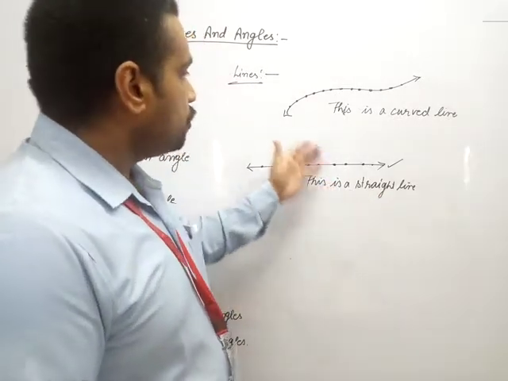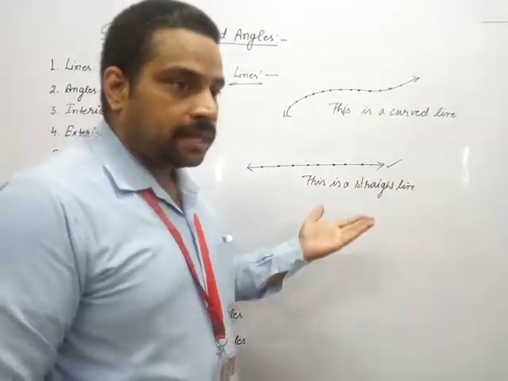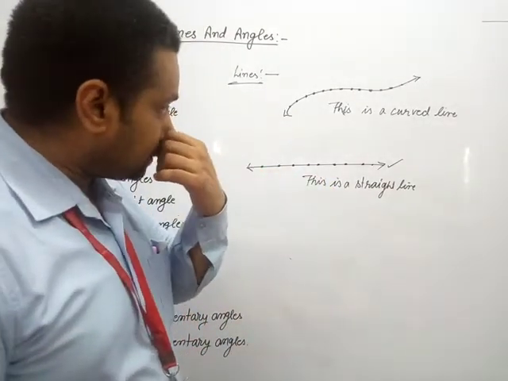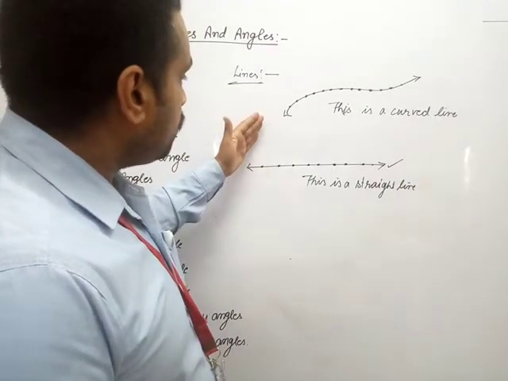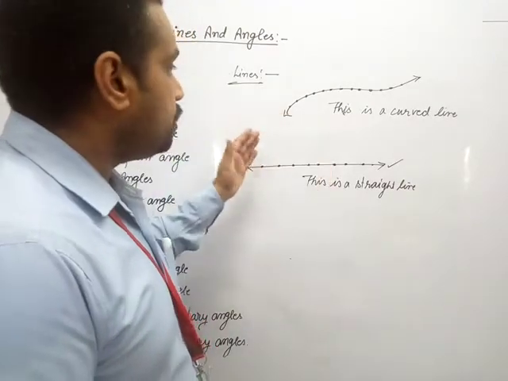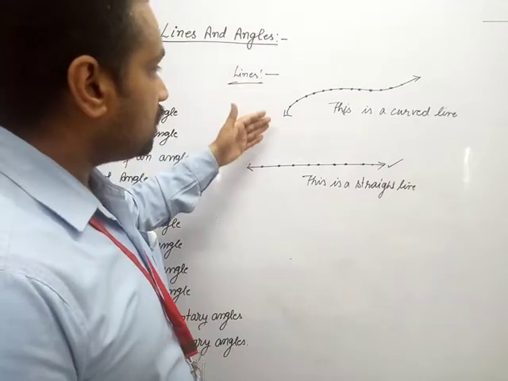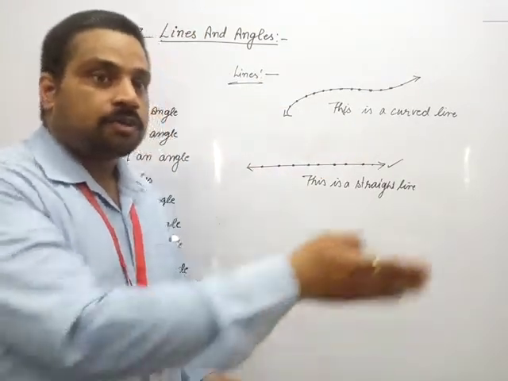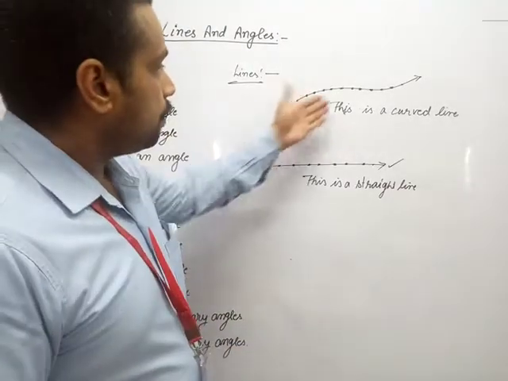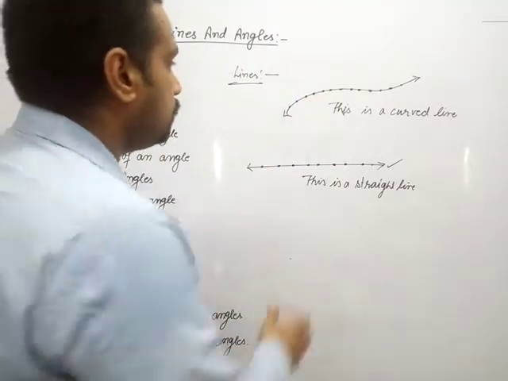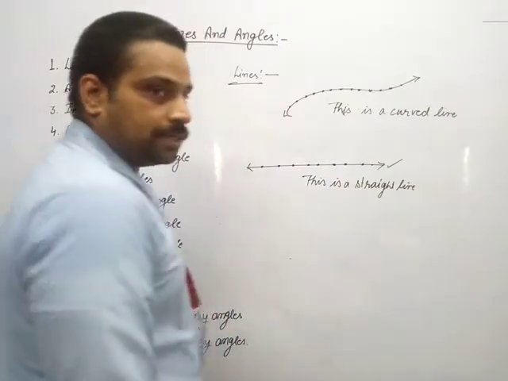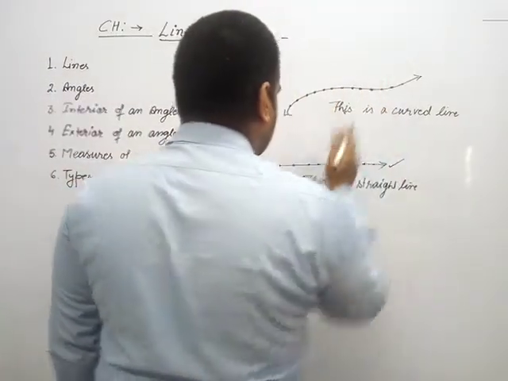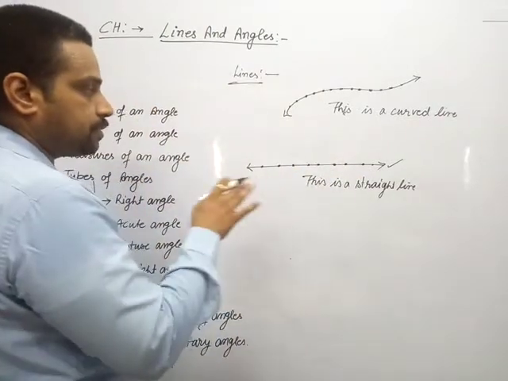When your line of class 9th is moving towards the classes, as you approach your class, the students bend because of the path of the school campus. So this becomes a curved line, and this is a straight line.